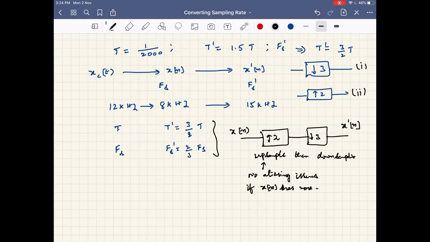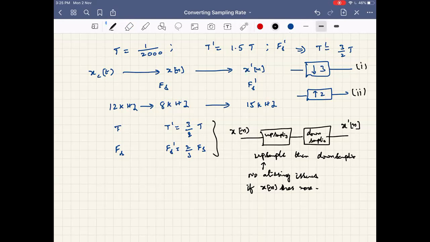But in between, what should we do? I don't want to write this operation specifically, but I will write upsampling and downsampling here. First we do upsampling, and this is downsampling.